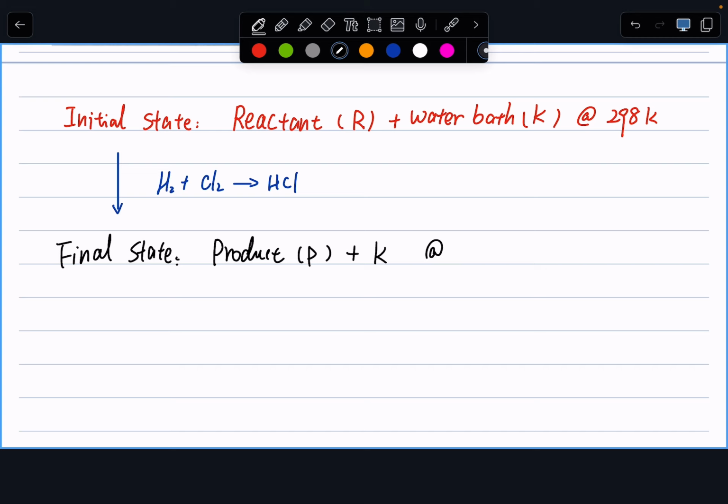So our new temperature will be 298 Kelvin plus delta T. That delta T will be positive if it's exothermic, if the reaction releases heat, and negative if the reaction absorbs heat, an endothermic process.